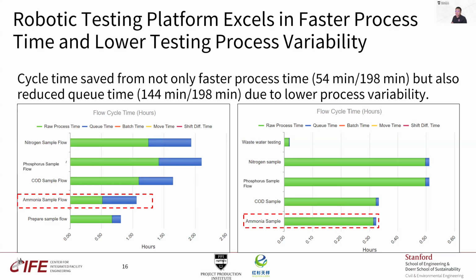For example, in the figure of ammonia sample flow, the raw process time is around 0.5 hours and was reduced to 0.3 in the automated scenario, but the queue time was reduced to almost zero from 0.5 hours.